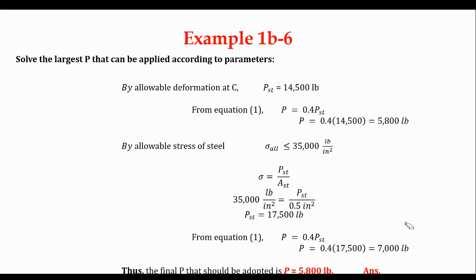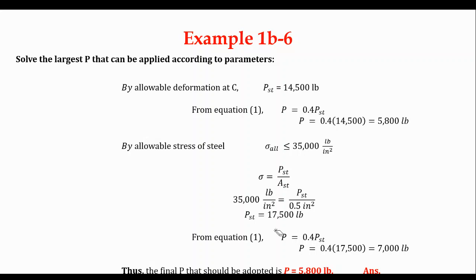But take note, that is only true for the stress. Nag-mention ba ang problem na i-consider ang vertical displacement sa delta C? Wala ka nag-consider. So, dili na reliable imong answer. Okay? So, ang reliable na answer is katong na-consider nimo tanan parameters na gi-mention ni problem.